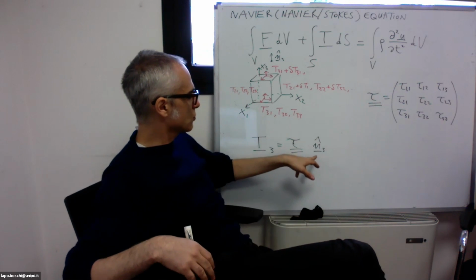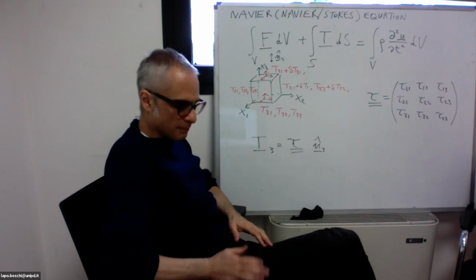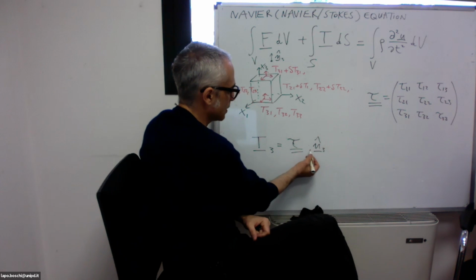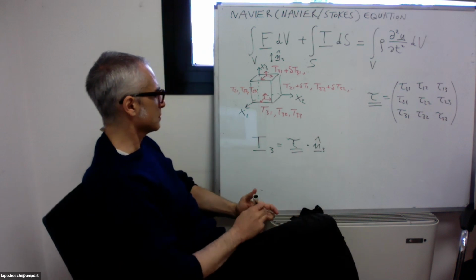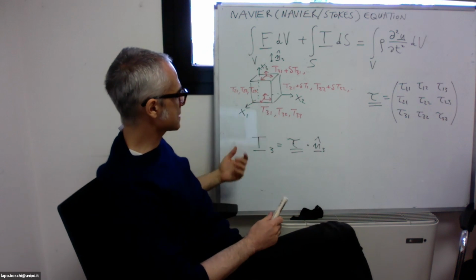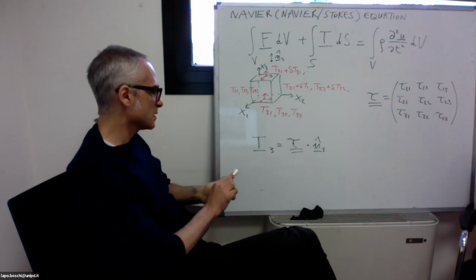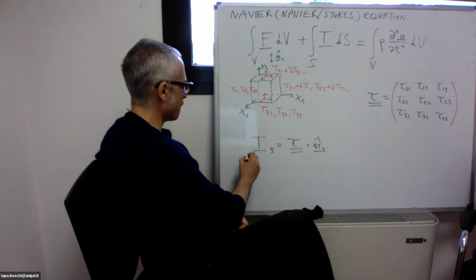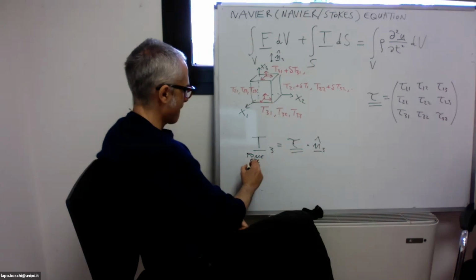such that if you dot multiply, meaning it's a scalar product between a tensor and a vector, with the unit vector that points in the right direction, you get the actual surface force. So here you have a force per unit surface, which is a vector.